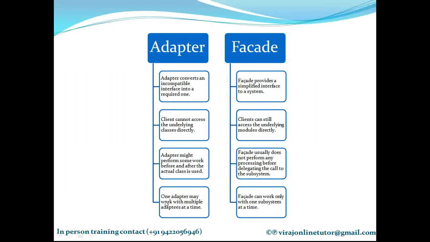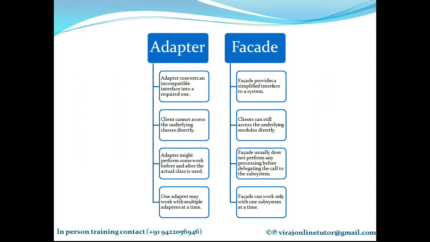The last difference is that one adapter may work with multiple adaptees at a time. How? Using an object adapter. Now what is an object adapter? When adaptees are contained inside the object of the adapter, it's an object adapter.